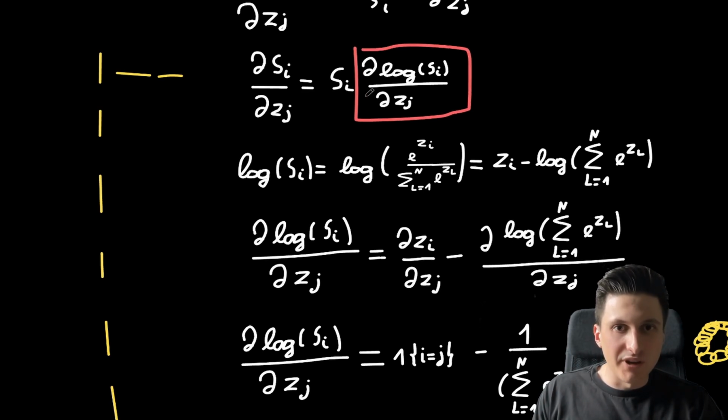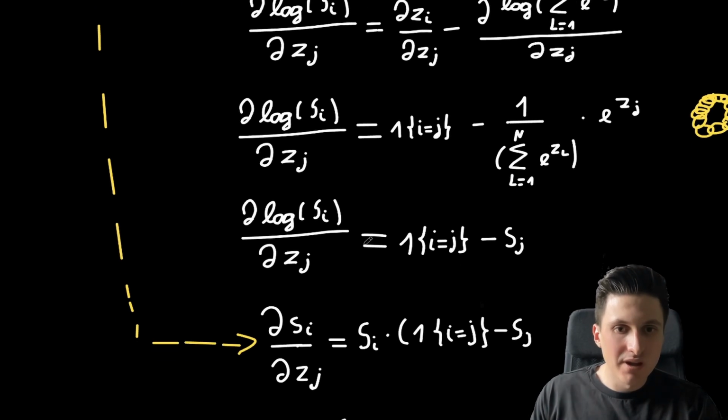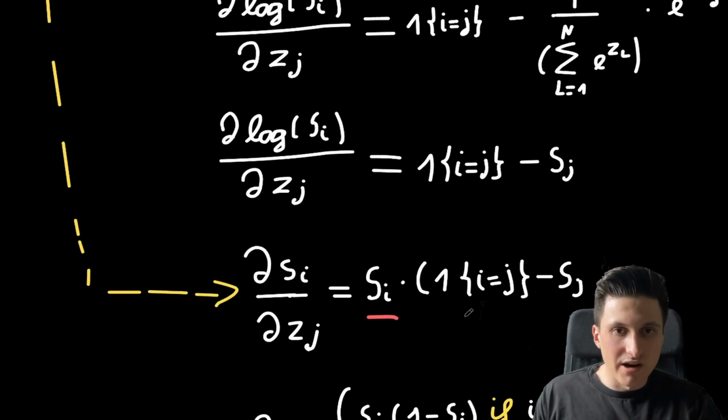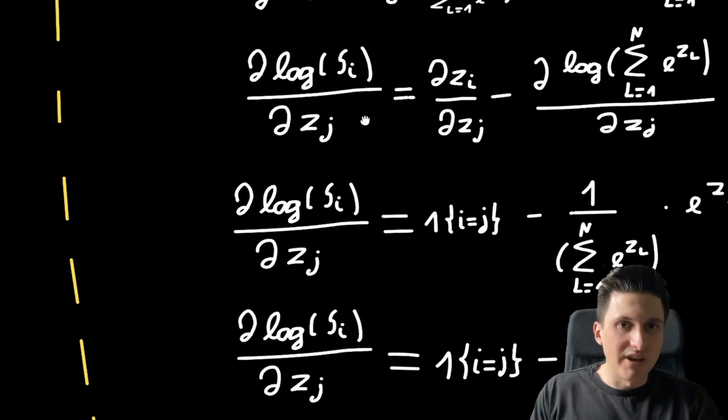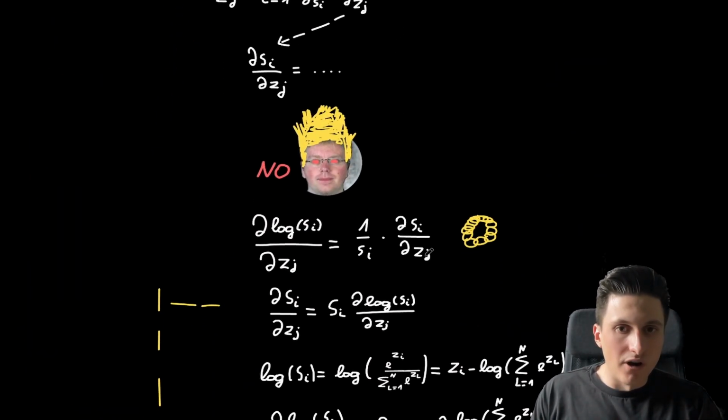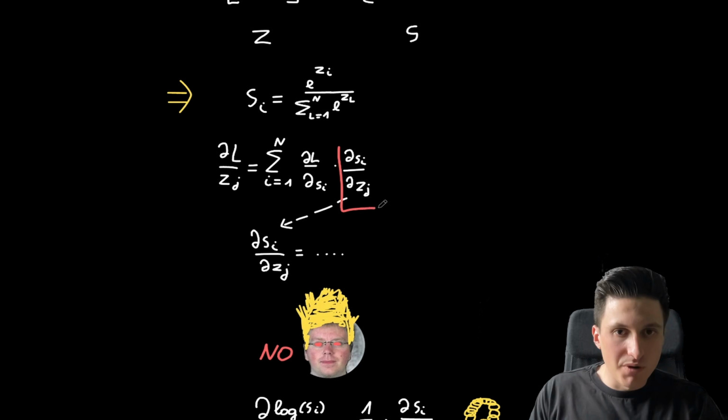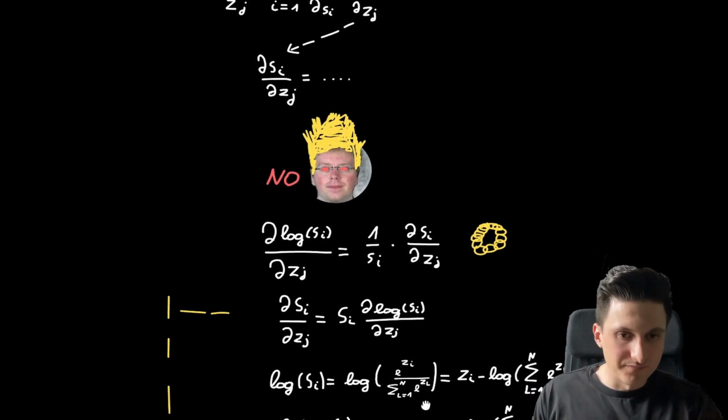We just need to multiply what we have just derived with Si. So that's what we do right here, Si times what we derived here. And we finally have a formula for the derivative of Si with respect to Zj, which is what we were searching for all along.